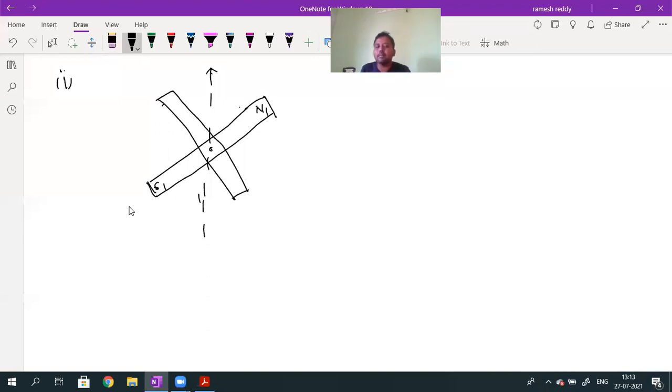This is another bar magnet, with N2 and S2. The magnetic moment of this bar magnet, directed from south pole to north pole, I will call M1. Similarly, the magnetic moment of the other bar magnet I am calling M2.